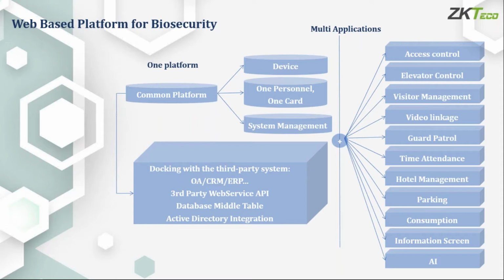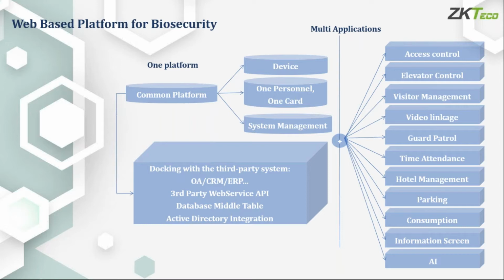BioSecurity is a web-based application where you need to host the application on the server, and from the server you can access the software in the local premises, or through a public IP. There will be one single platform in which you will find the common things, like the device, personal information and card, and system information.